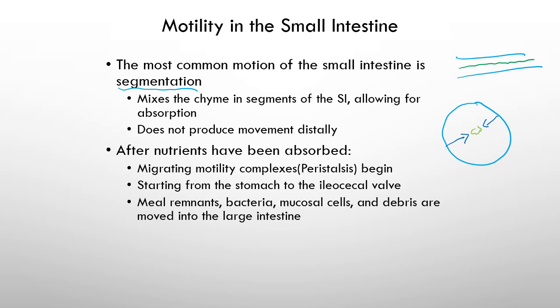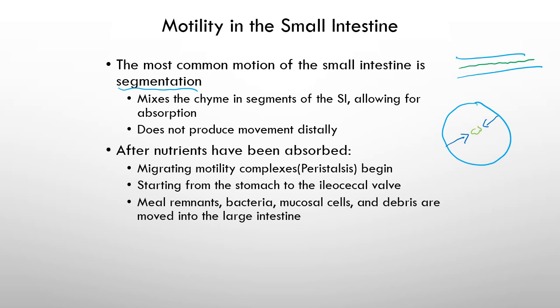After all the nutrients that can be absorbed in that particular section have been done, then peristaltic waves are going to move it on to the next section. So we're going to move it along, move it along, move it along. And now all of the leftovers, in a sense, from that meal get moved into the large intestines.